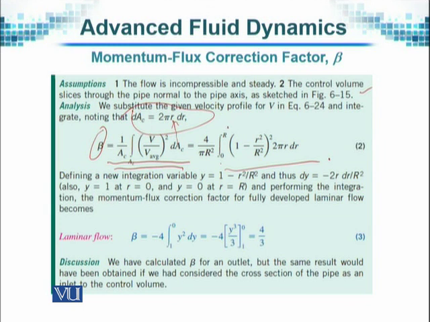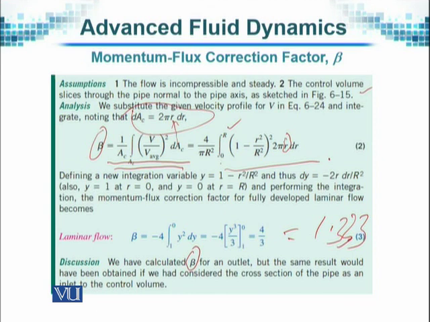These are the limits of small r. When we integrate, it is a simple integration, and we obtain these values. You can see beta is calculated to be 4/3, which is 1.33. So it is simple enough to calculate beta.